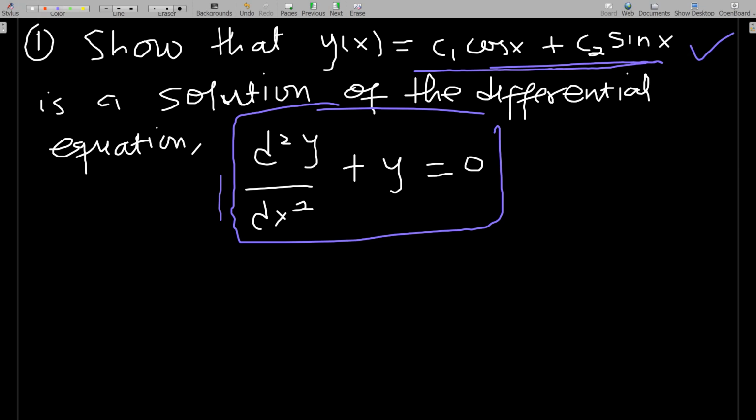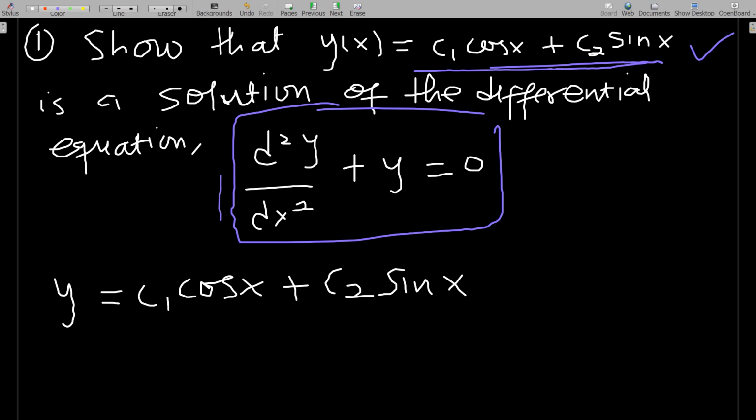So quickly, what you do is you have your y, as the solution, equal to c1 cos x plus c2 sin x. To show that this is indeed a solution, you have to look through the differential equation and find the individual terms in terms of y from your given function.